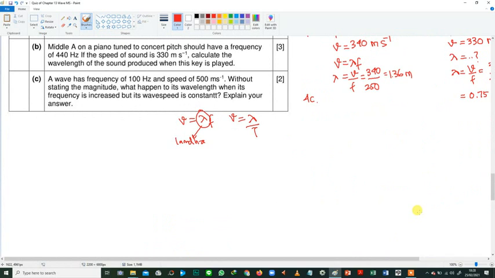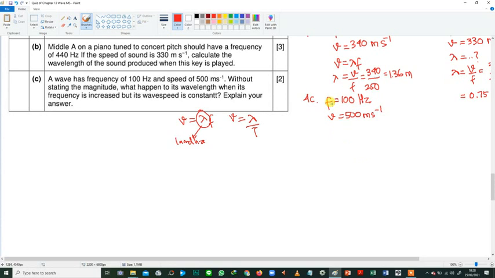4C, okay, we have a wave and it has a frequency of 100 Hertz. So frequency is 100 Hertz, and the speed is 500 meter per second. Sorry everyone. Without stating the magnitude, so you don't have to calculate, what happened to its wavelength when its frequency increases?